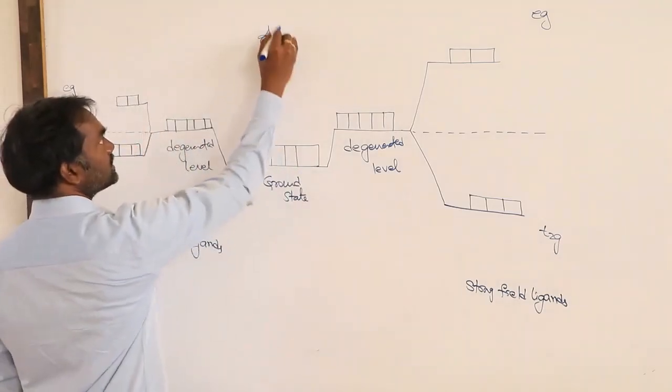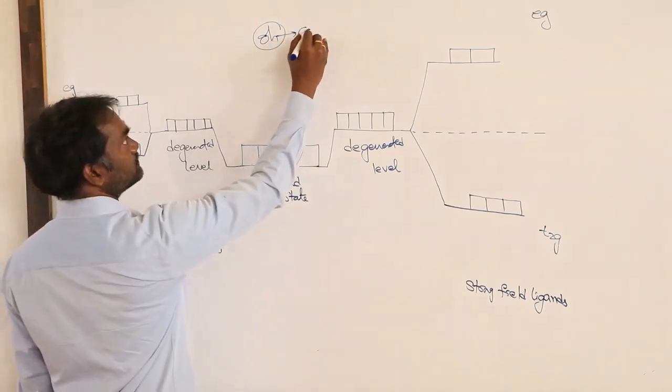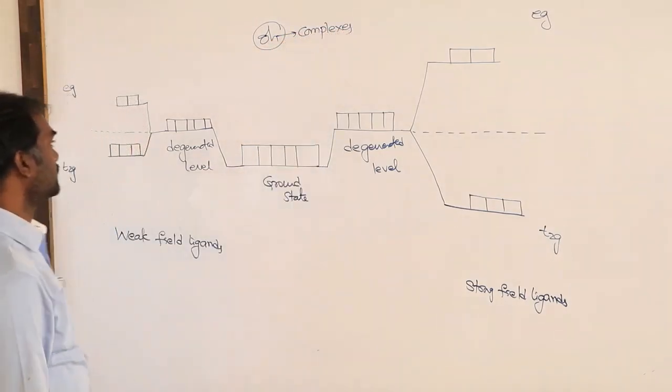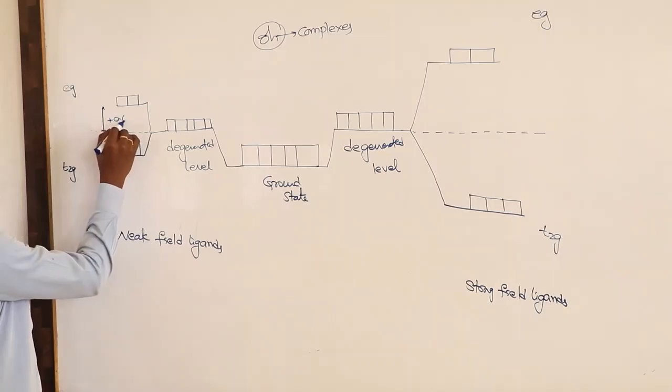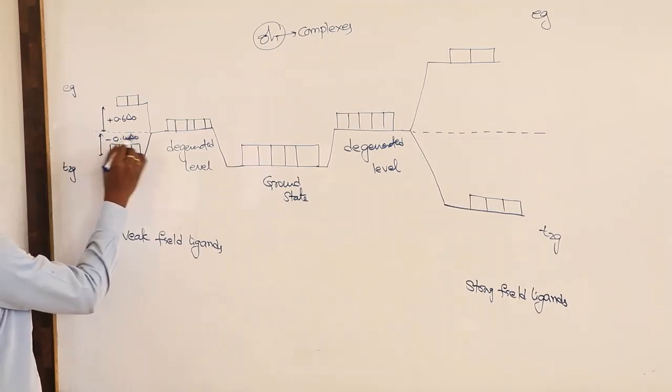So what we are discussing is octahedral complexes. Next, suppose here the energy is how much? Plus 0.6 delta 0. So this energy is minus 0.4 delta 0.